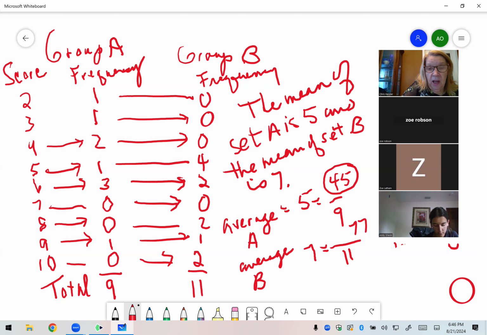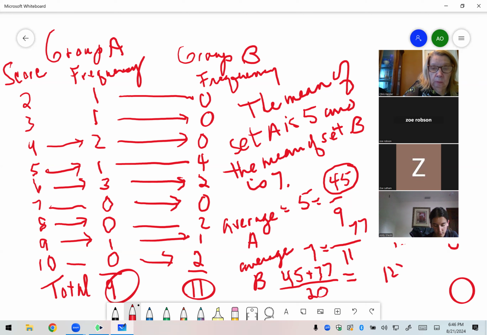So we just take A and B, 45 plus 77 divided by 20 numbers, because I just added 9 and 11. And that would equal 122 divided by 20, which is exactly 6.1.